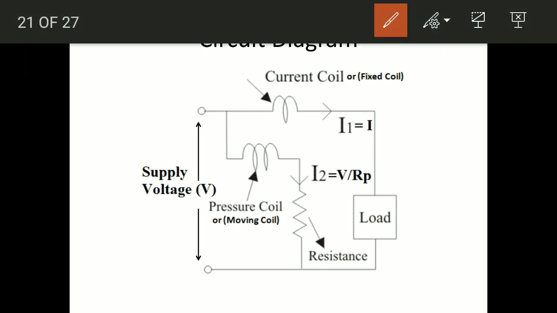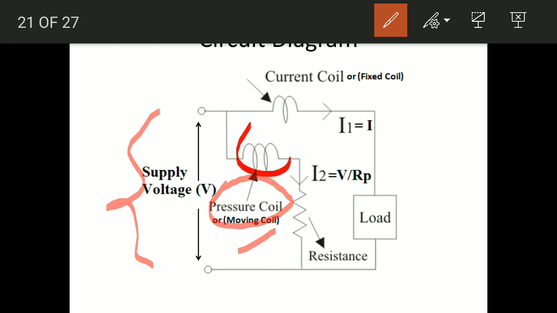So with respect to this circuit, as I told you, this moving coil is also known as pressure coil because it has to carry the supply voltage V, and in series with this moving coil we need to connect a very high value of resistor. The reason is very simple: we want to control the value of current flowing through moving coil, and I told you that in our previous lecture when we were learning the concept of EMMC type instrument.